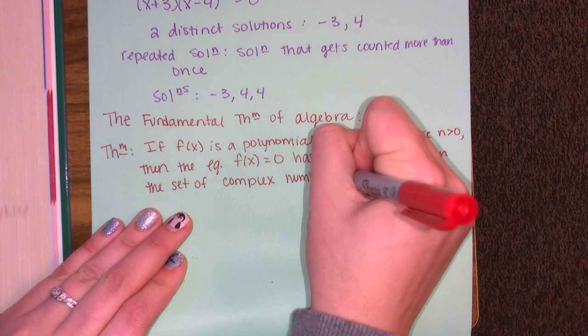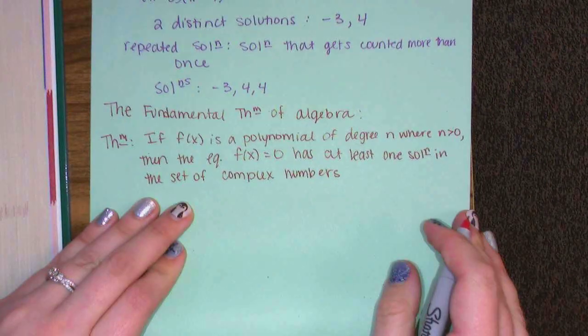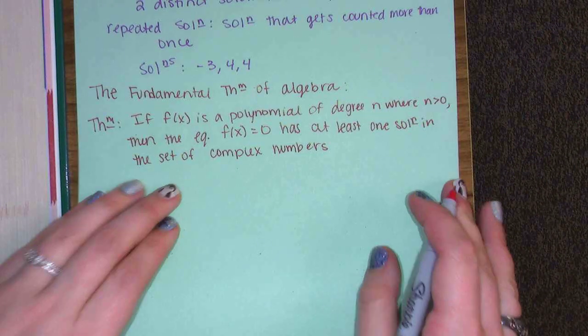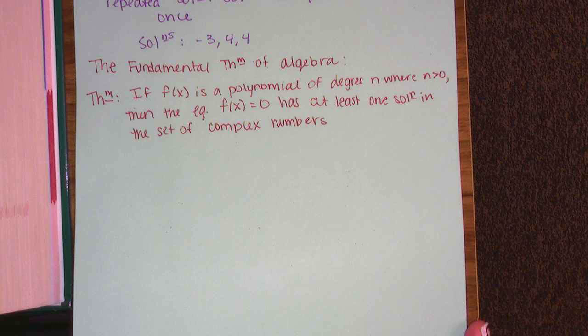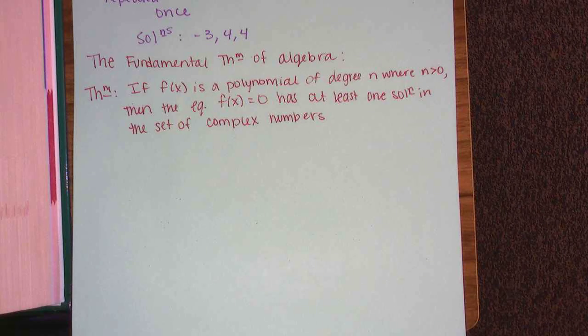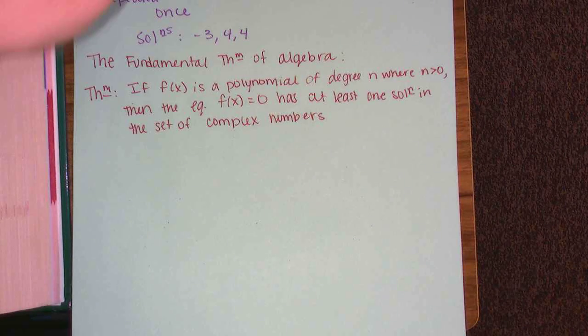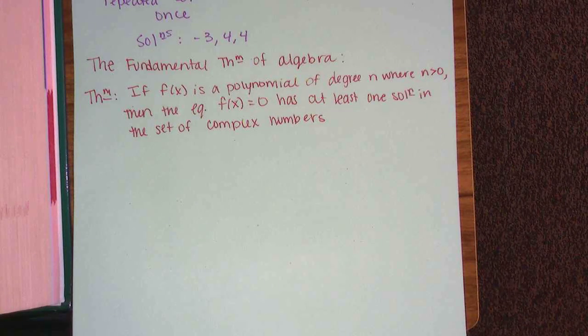Okay, complex numbers meaning what? I's, yes, I's. The degree is like the power that it's being raised to. Like x to the 4th is degree 4. So that degree n is just whatever that power is.